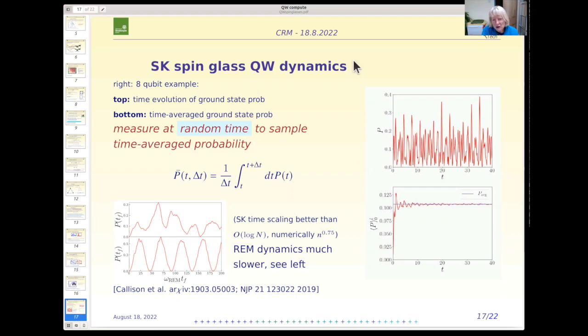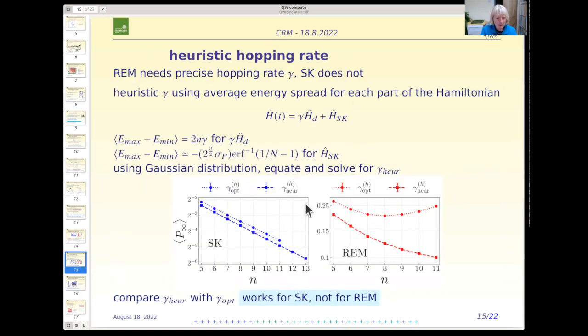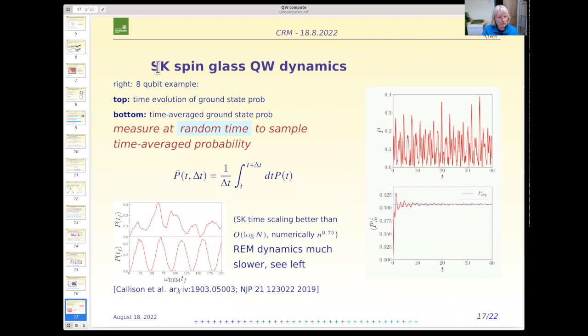So now we want to look at dynamics, because it still looked as though the probabilities are higher for the random energy model than the spin glasses, but we've only looked at long time values here. And what we need are run times that are realistic if we're going to get any kind of advantage. So let's run a quantum walk on a spin glass. So here we are for 40 time units.